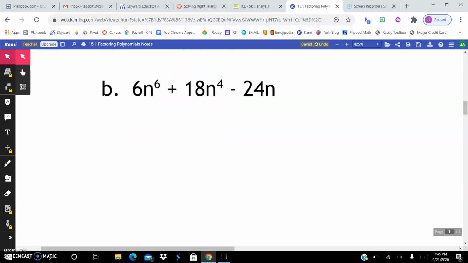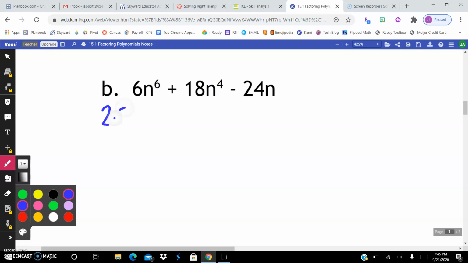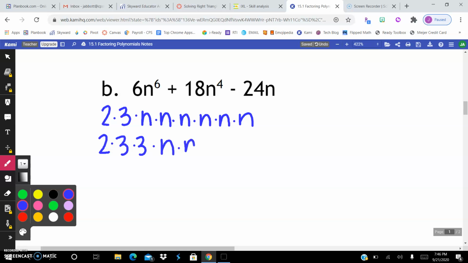Now we're going to have a trinomial here. So same thing, we're going to have to break everything up. 6n to the 6th power would be 2 times 3 and 6 n's. 18n to the 4th power would be 2 times 9, and 9 is 3 times 3, and n to the 4th means 4 n's.